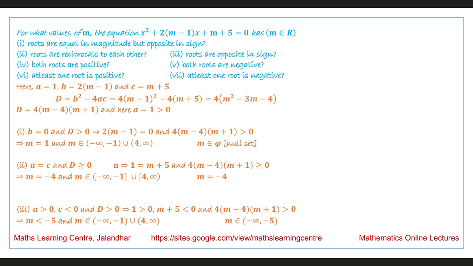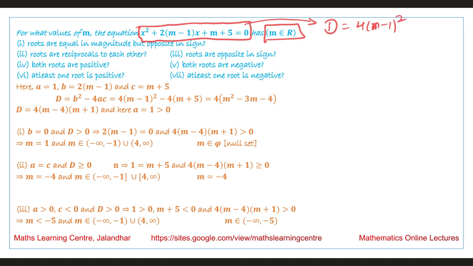Now based upon this we have this problem. For what values of m being real, this equation is given, we have to find roots that are equal in magnitude but opposite in direction. First of all we have to put the condition for the roots to be real, only then can we talk about the signs of the roots. So the discriminant D is b square, that is 4 into (m minus 1) square, minus 4ac, that is 4 into (m plus 5).